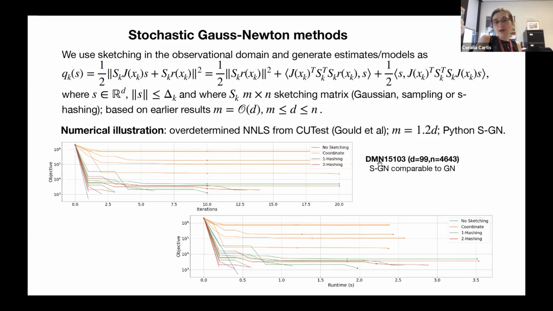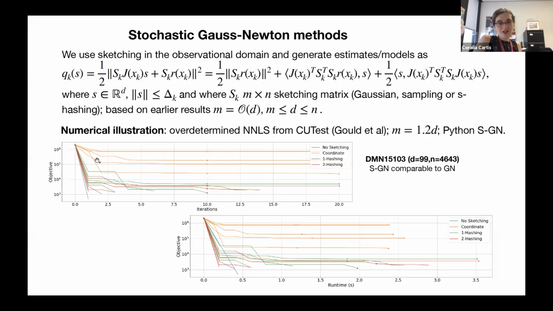And here's a problem from the QTest collection. These are just vanilla implementations of sketching inside the trust region algorithm. And what we see here, we compare, no sketching is just Gauss-Newton in blue, and then 1 and 2 hashing, and then, it's not coordinates, it's sampling.